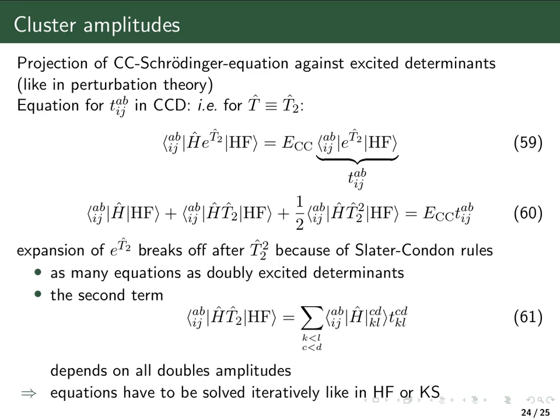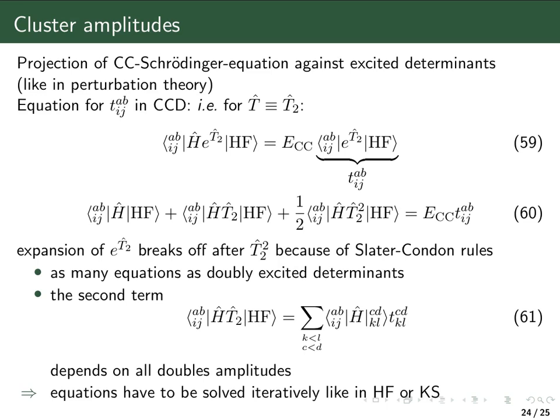Okay, so my original coupled cluster wave function is the Hamiltonian e to the T2 acting on Hartree-Fock, and then the coupled cluster energy, the same one. And I now project this coupled cluster Schrödinger equation against one doubly excited determinant, a, b, i, j, on both sides.